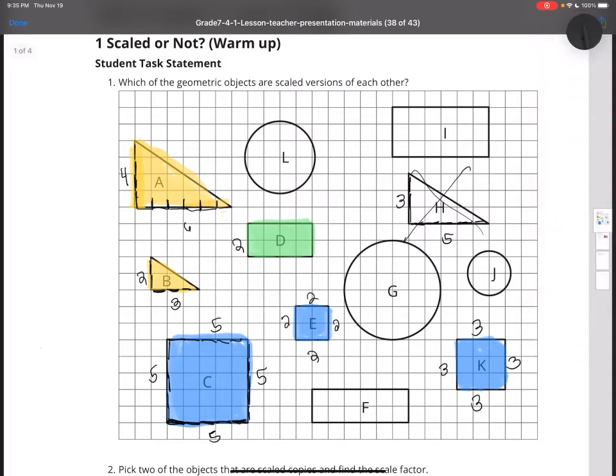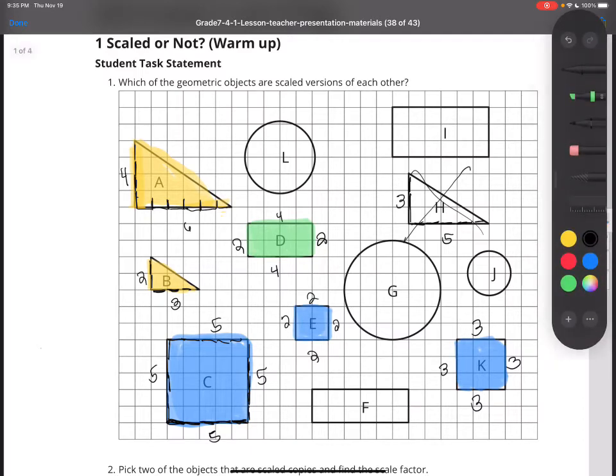It's 2, 4, 4, 2. All right. What letters or which shapes would you guys want to go to? Do you want to go to F or I first? If you guessed I, we could go to I first since it's right there.